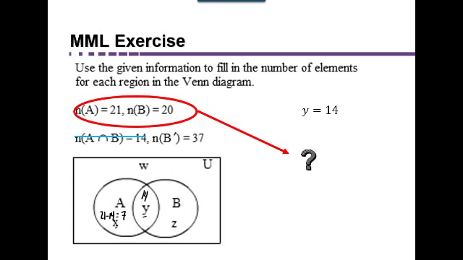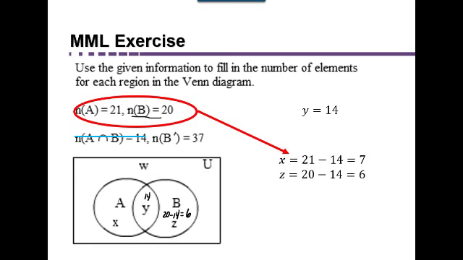So we can now use the cardinality of A being 21 to get the region X. You can also use the cardinality of B being 20 in a similar way. Since Y is 14 and B comprises both regions Y and Z, then 20 minus 14 must be Z. 20 minus 14 is 6, so there must be 6 elements in Z.